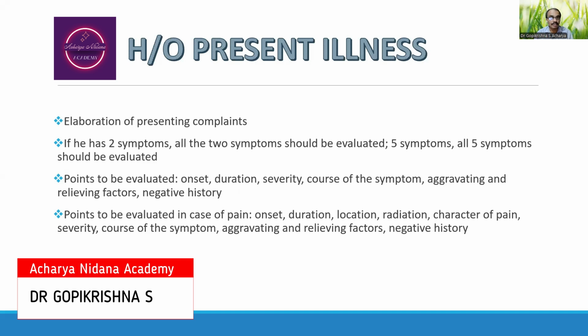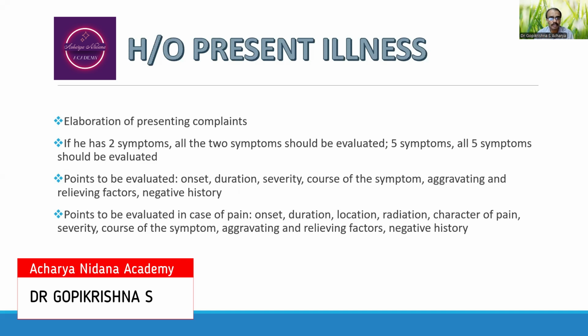If the person is having three presenting complaints, all those presenting complaints should be analyzed in all these points of a history of present illness. If the person is having 5 symptoms, all the 5 symptoms have to be analyzed regarding the points of a history of present illness.